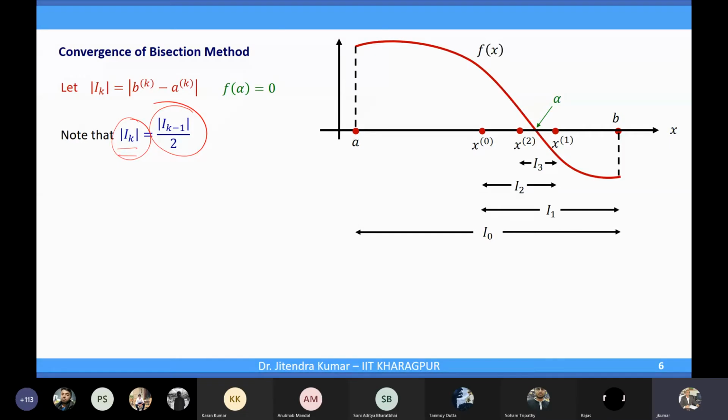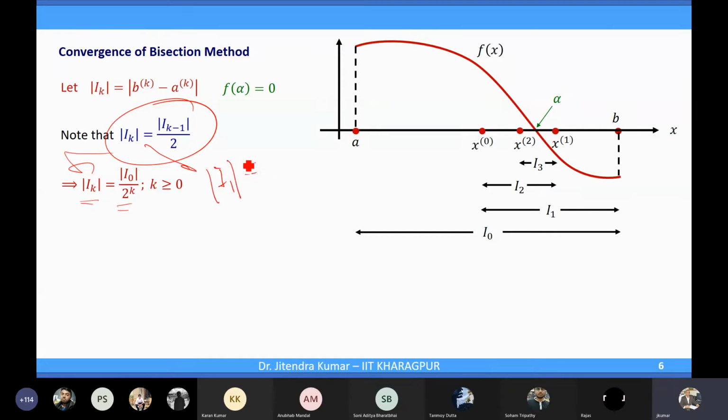The length of the interval is reducing by half, clear? So out of this iteration, you can conclude that the length I_k is just I_0 by 2^k. Start with I_1, so I_1 means after one iteration, the length will be I_0 by 2.